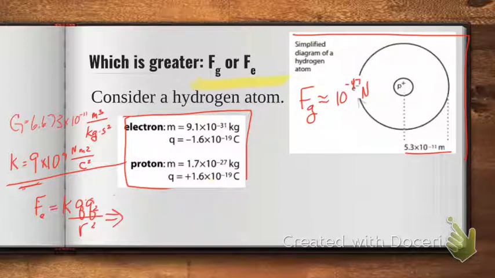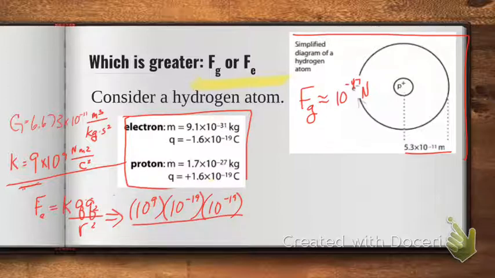K is an order of magnitude of 10 to the 9th. Q1 is 10 to the negative 19th, Q2 is 10 to the negative 19th, and we're dividing that by a separation of 10 to the negative 11th squared.